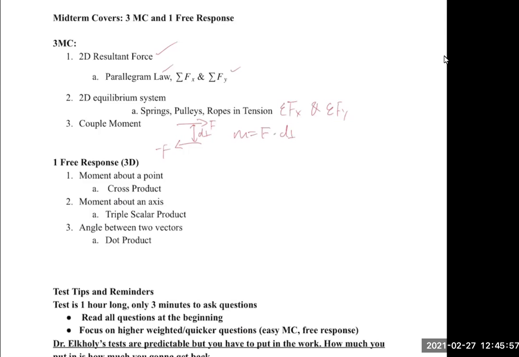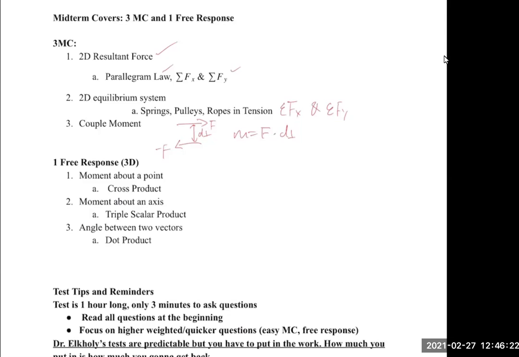To determine whether it's positive or negative, we don't look at the sign of the force; we look at whether it rotates clockwise or counterclockwise. Imagine holding a wheel: if you turn it counterclockwise, it's positive, and if you turn it clockwise, it's negative.